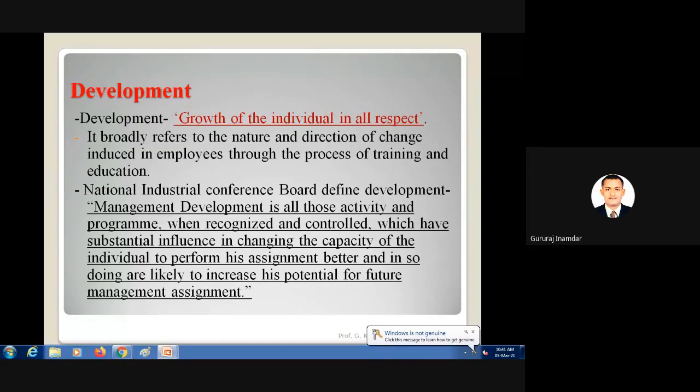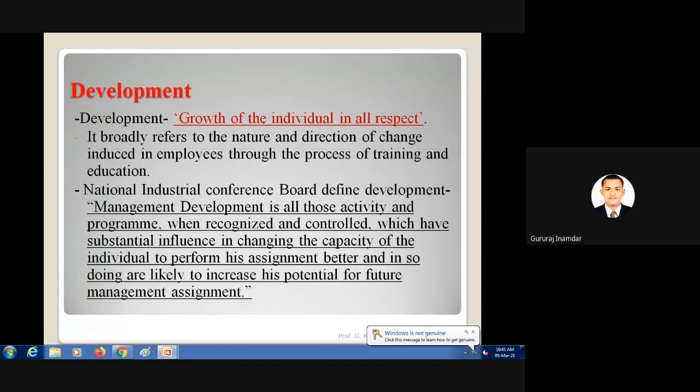Management development is all those activities and programs, when recognized and controlled, which have substantial influence in changing the capacity of the individual to perform his assignment better, and in so doing are likely to increase his potential for future management assignments. So simply, the earlier definition was growth of the individual in all respects. But the management definition is from the National Institute Industrial Conference Board.